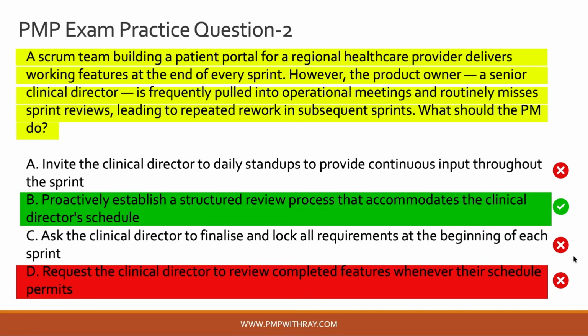Or maybe it means identifying a delegate who can represent the clinical director. The point is, you find a way that works for both the team and the stakeholder. And PMI is very, very clear that stakeholder engagement is a planned, structured activity and not a reactive one. And that is why option B is the correct answer choice for this question.